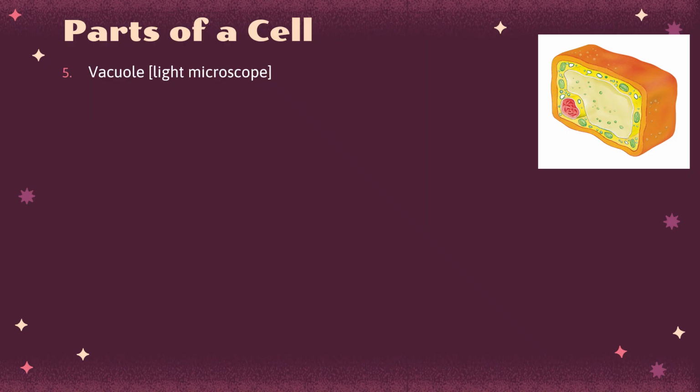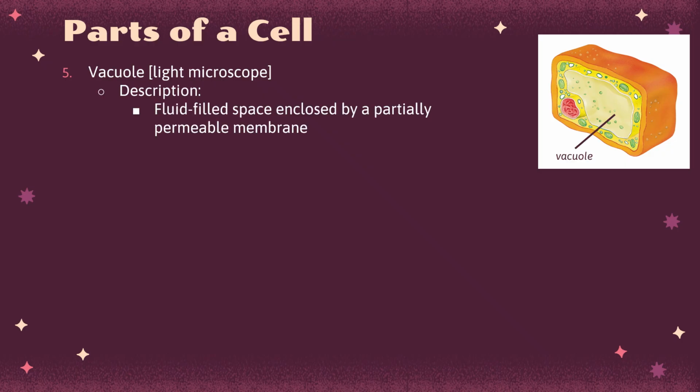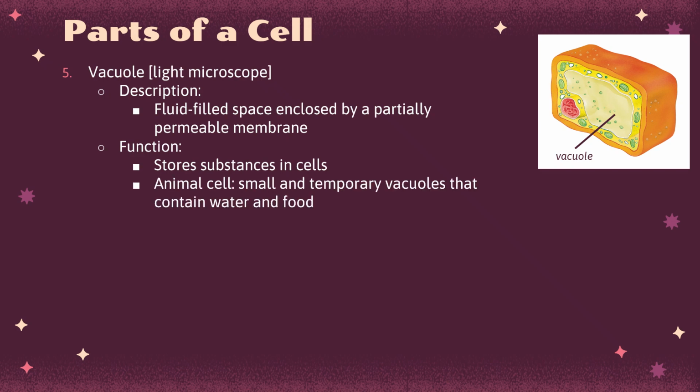The vacuole is found inside a plant cell. Animal cells also have them, but what you're looking at is the vacuole of a plant cell right here. The vacuole contains a fluid. The vacuole is also enclosed by a membrane. The function of the vacuole is to store substances. However, in animal cells, they are small and temporary, and they store water and general food.